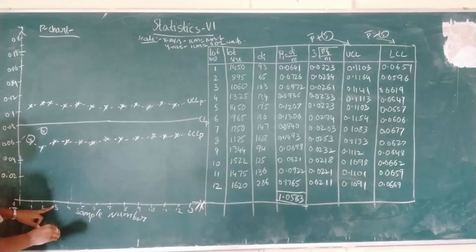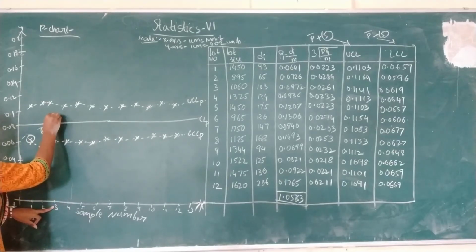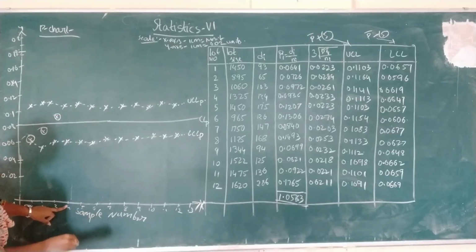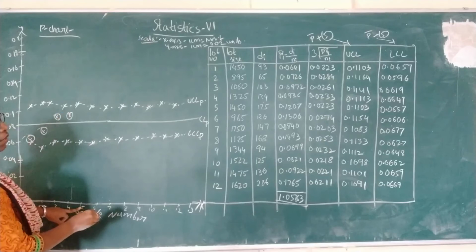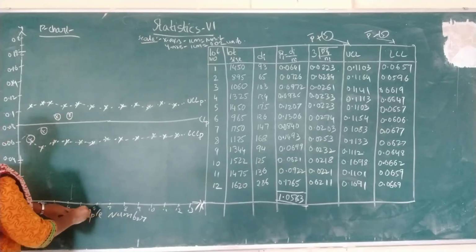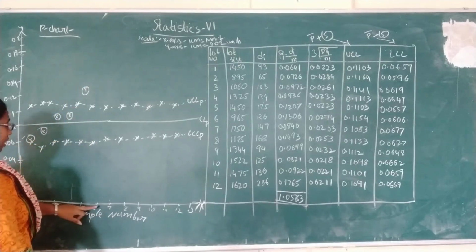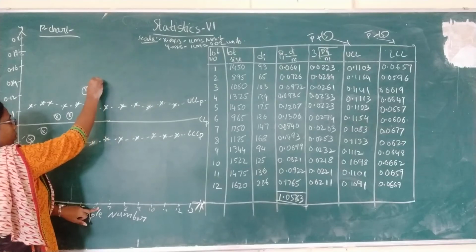Third value is 0.09. Fourth value is 0.09 again. Fifth value is 0.12, so this is going above UCL. Sixth value is 0.13, this one also above UCL.